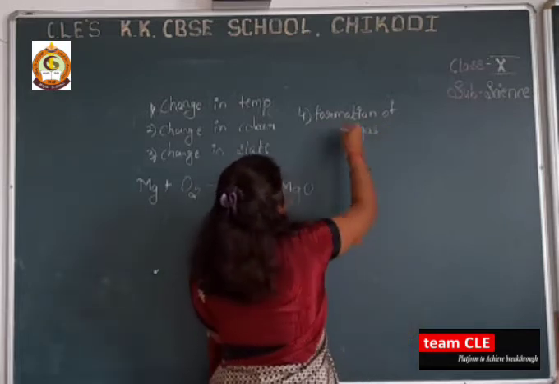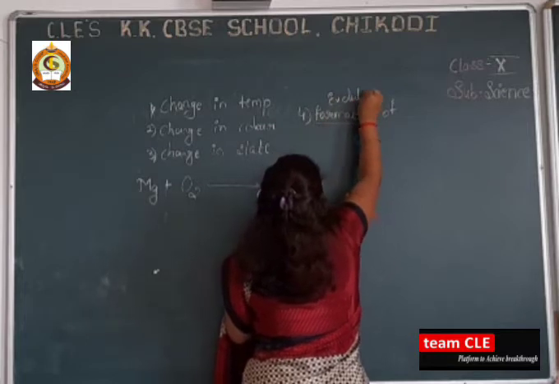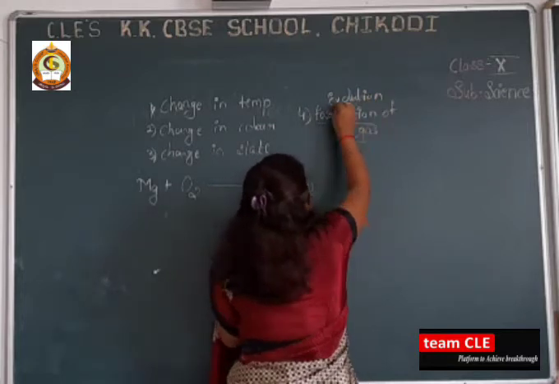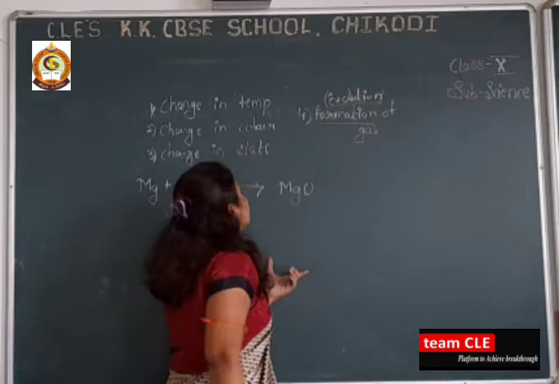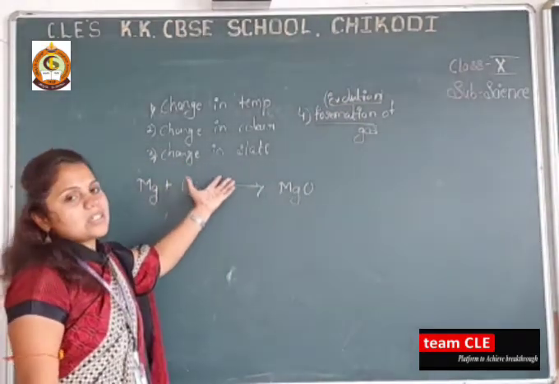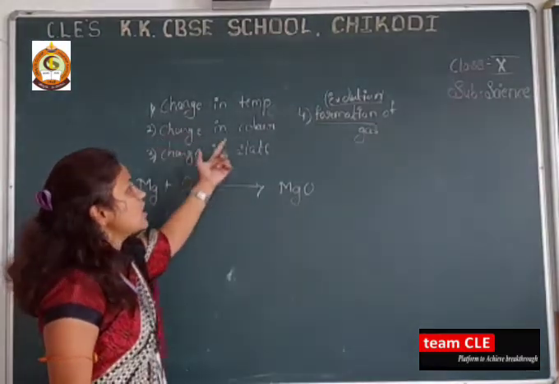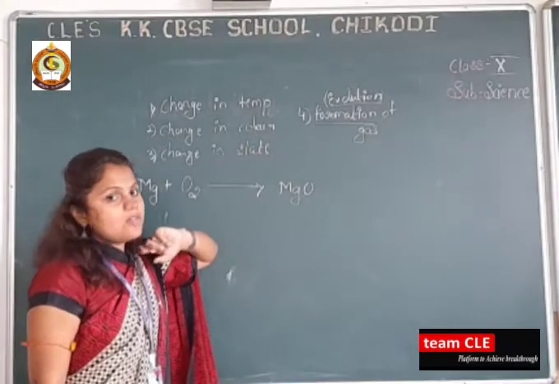So when reactions take place, totally 4 types of changes you can observe: change in temperature, change in color, change in state, and evolution of gas.